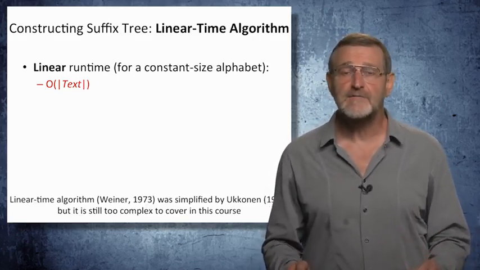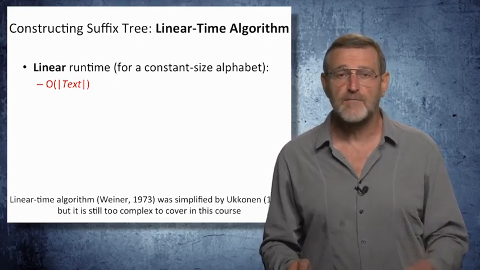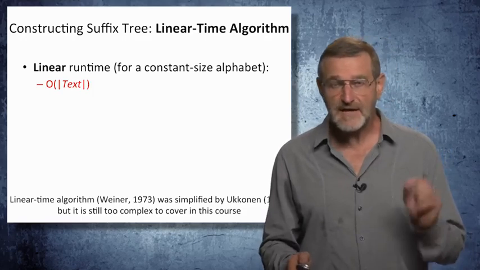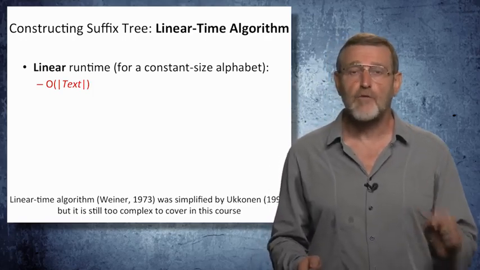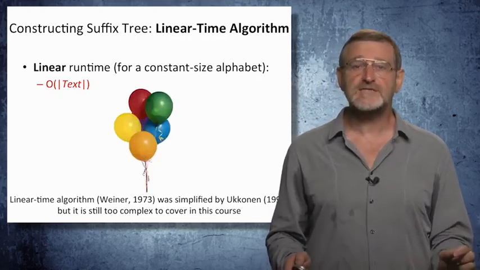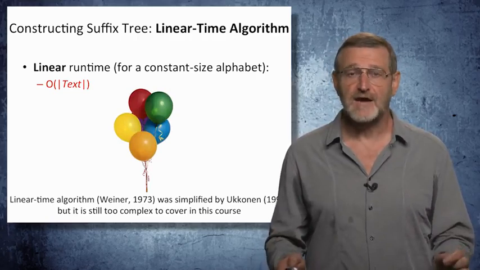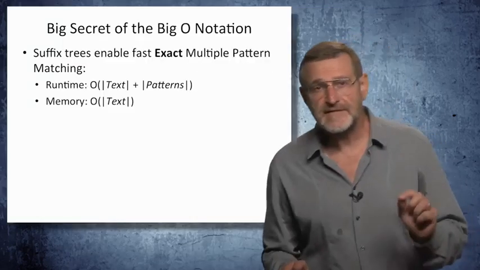However, let's try to do the following. Instead of storing the whole string bananas as a label of our edge, let's notice that bananas starts at position 6 of the text and has length 8. And therefore, instead of storing bananas on the edge, we will only store 2 numbers: 6, the starting position of bananas, and 8, the length of bananas.